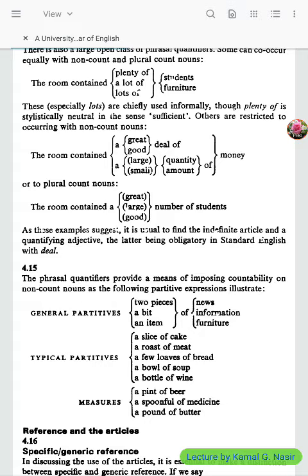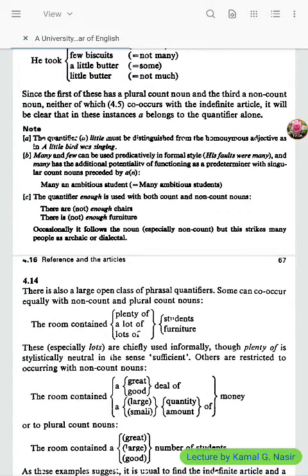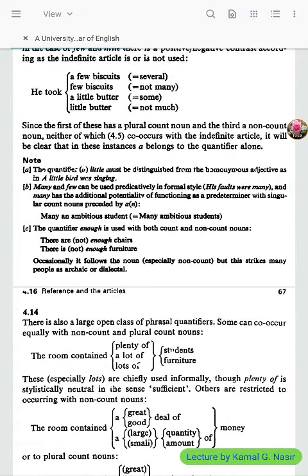Let us first take the examples about little and many, many and a few. Look at these examples. For example, a little bird was singing.